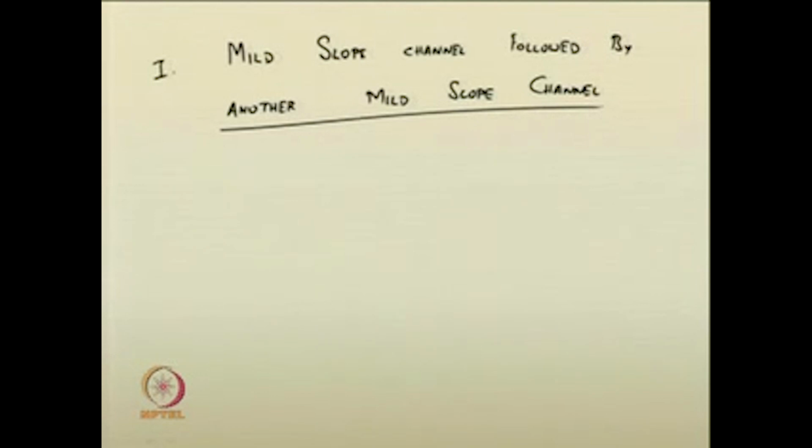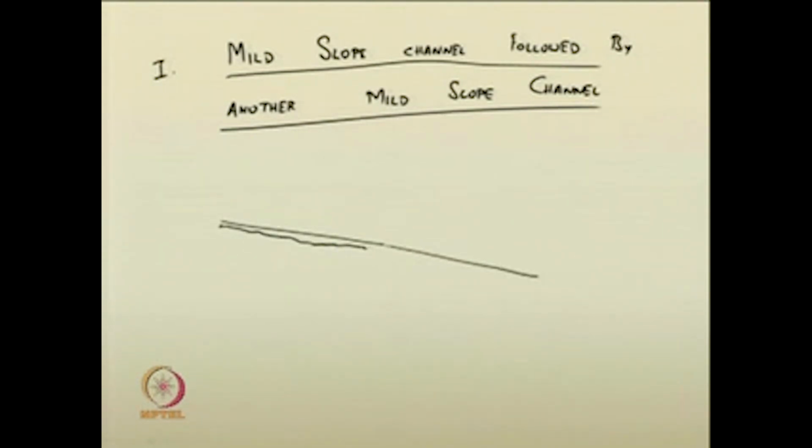If you have such a condition, how are you going to determine the gradually varied flow profiles? Just imagine, I have a mild slope channel and it is followed by another mild slope channel of different slope.